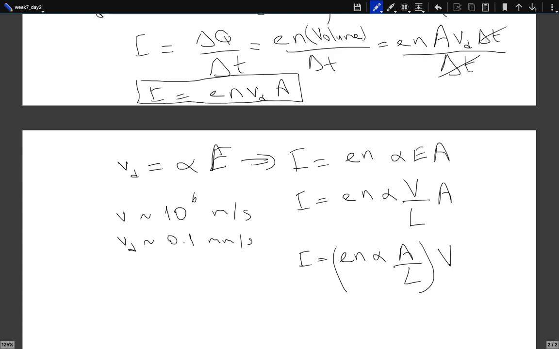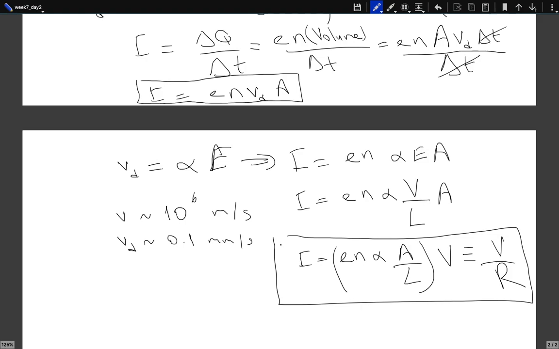But remember, the current running through our resistor was always proportional to V. That is what we already obtained, and the proportionality constant was defined as V over R. So now we have an interpretation of why we have resistance.